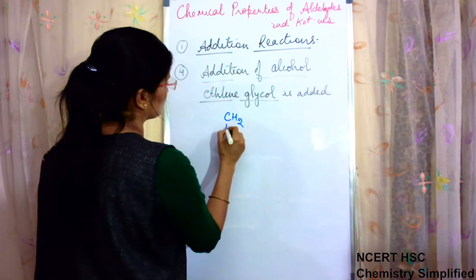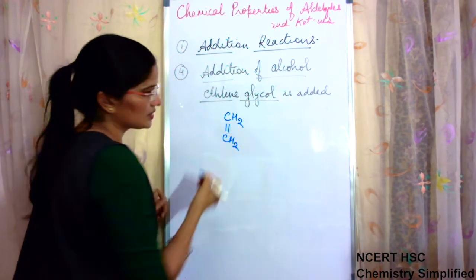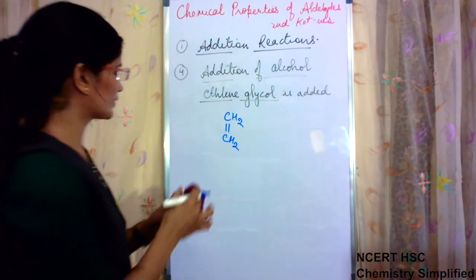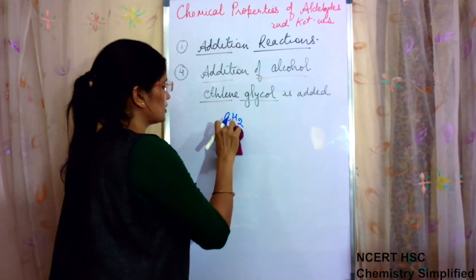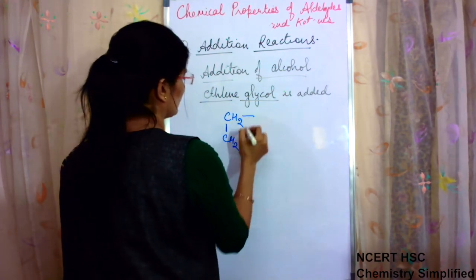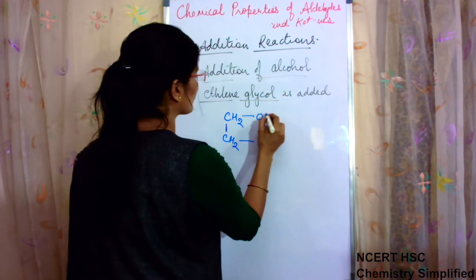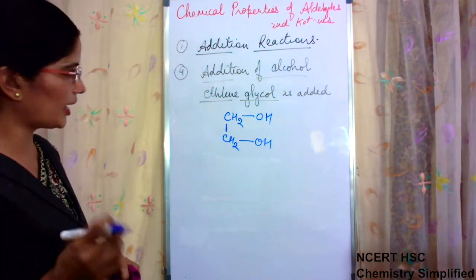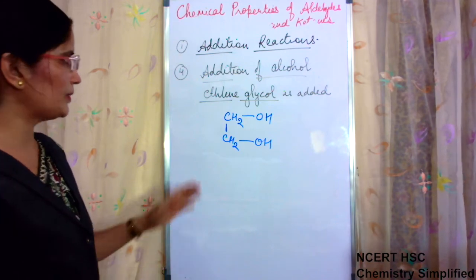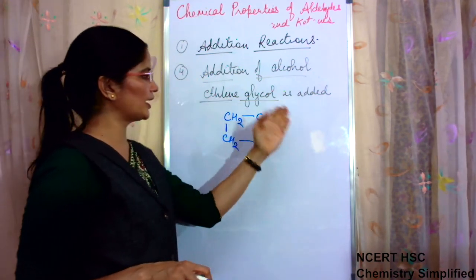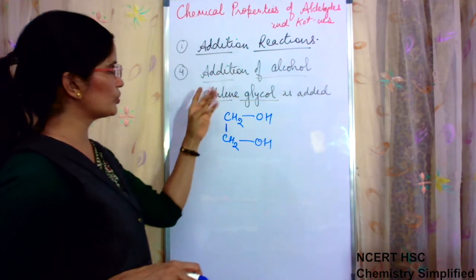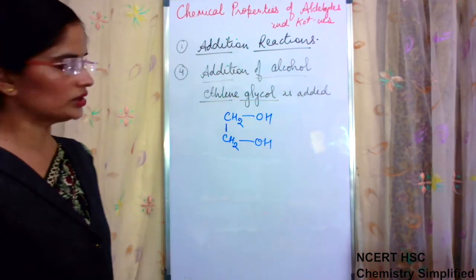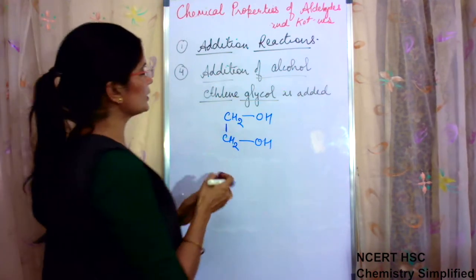This is ethene. When this double bond is not there and the bonds are free, OH groups are present. So it is ethane diol, or in common naming it is also known as ethylene glycol. This compound is going to react now with aldehyde or ketone.